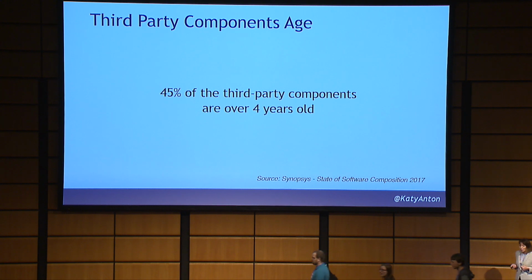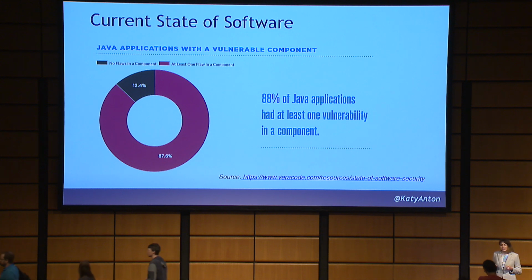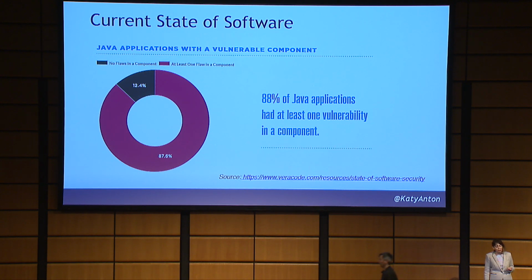In the case of Java applications, according to the latest State of Software Security report from Veracode, 88% of Java applications contain at least one component with one known vulnerability. So we are talking about a large percentage of software.